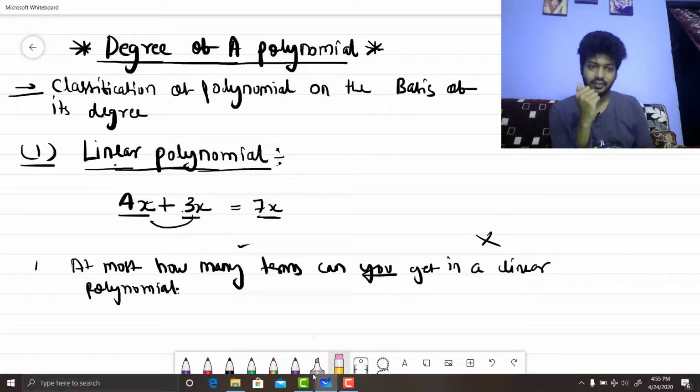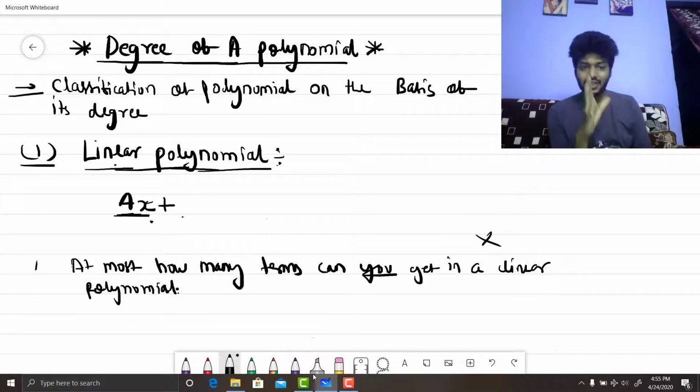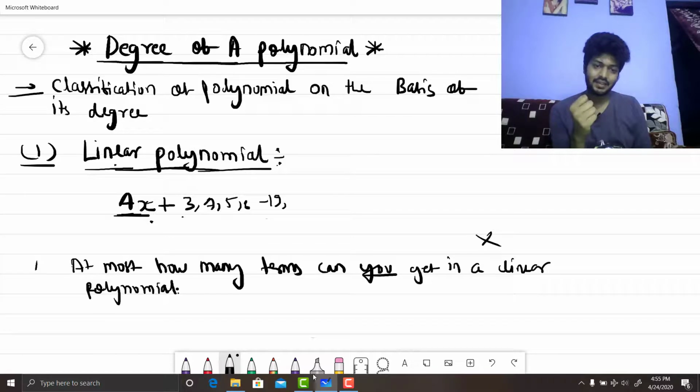But we can't add a term which changes its degree. So we can't add any more term containing the variable x with degree 1, and we can't add any term which has higher degree than that. So we are left with only constants. We can add any constant like 3, 4, 5, 6, minus 19, plus 27, basically any number.